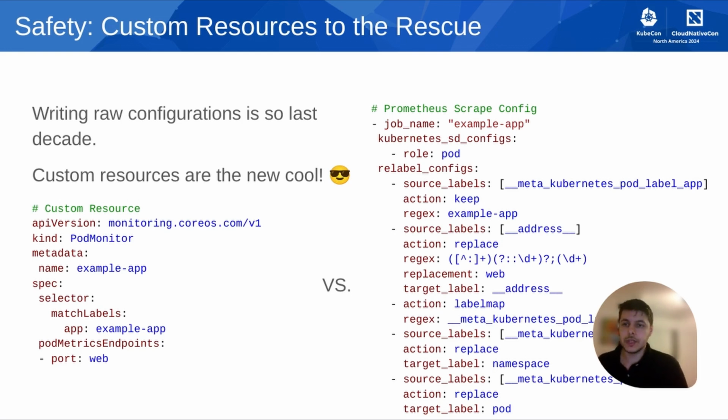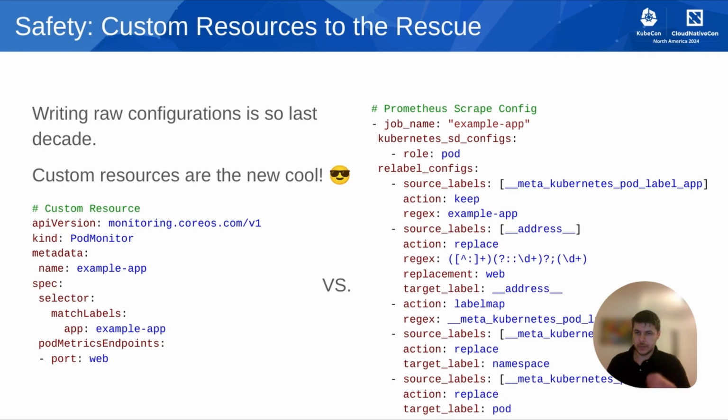Specifically, this is Prometheus operator versus a Prometheus scrape config manual configuration. And as you can see, the custom resource version is a lot less dense. It's a lot easier to reason about. And ultimately, it generates the one on the right. So they are equivalent.